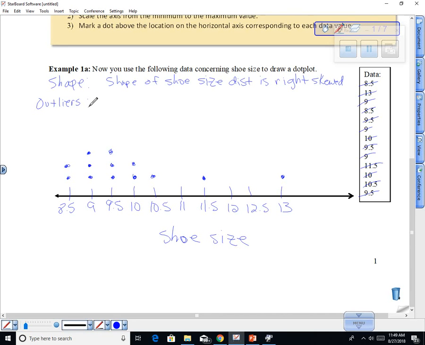When we hit 1.3, I'll give you a formula for finding out if it's an outlier or not. But for now, you could say possible outliers for shoe sizes: 11 and a half and 13.